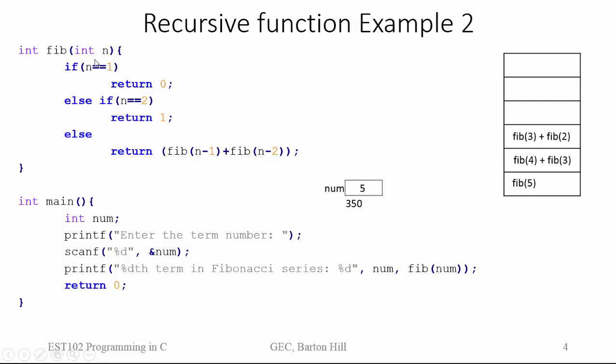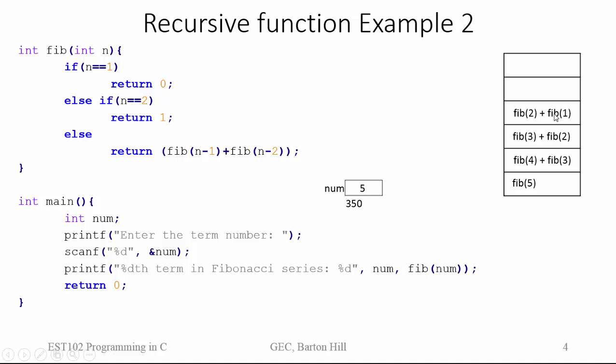Now for fib of 3, again a context is to be created, here n equal to 3, and 3 equal to 1 false, 3 equal to 2 false, so fib of 2 plus fib of 1 is to be returned.